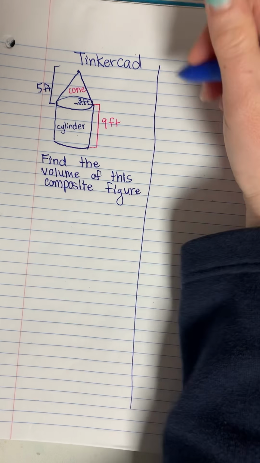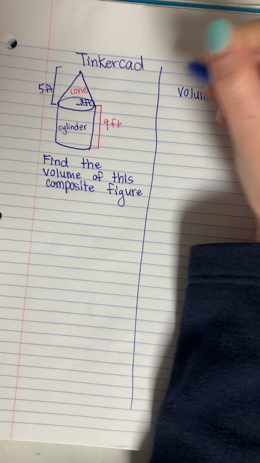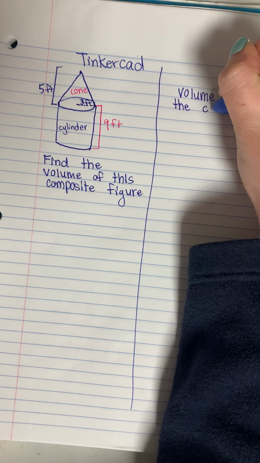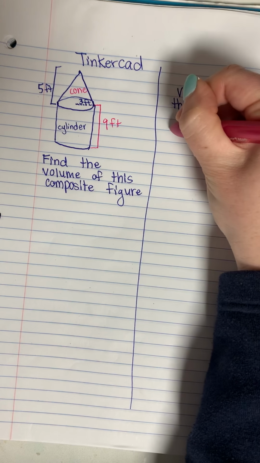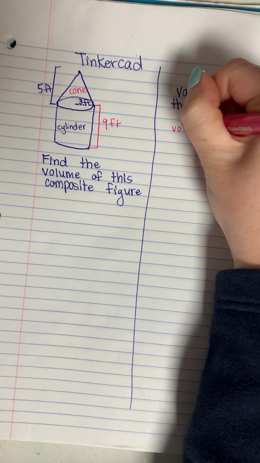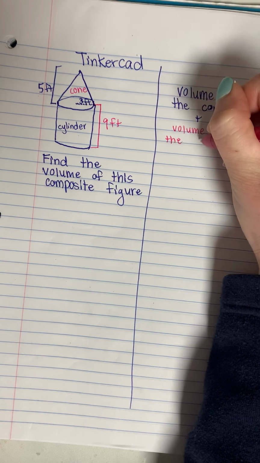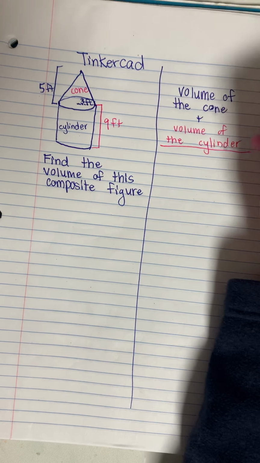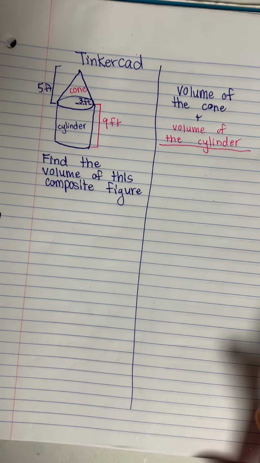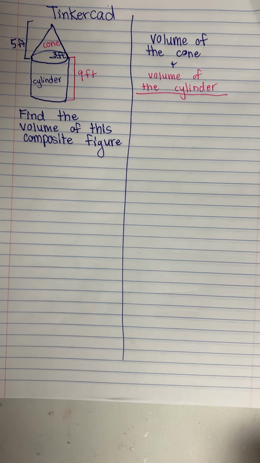We have to find the volume of the cone and then add it to the volume of the cylinder. We're basically just adding two different shapes together. If you need to copy that down, go ahead and pause your video here.